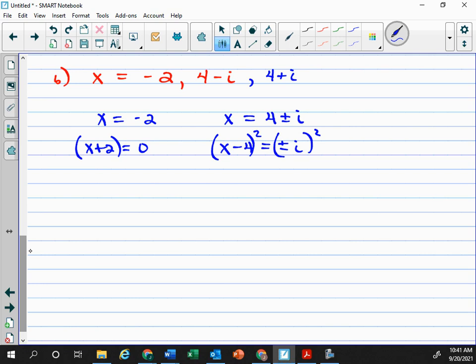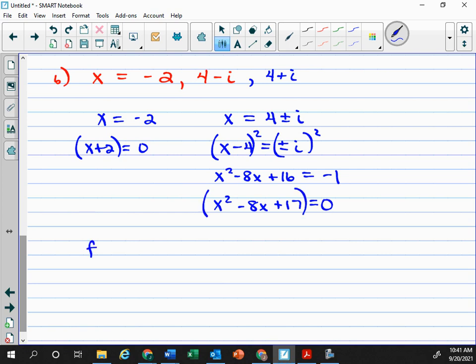Okay, so x minus 4, when I square that, what do I get? x squared minus 8x plus 16. Good. What do I really have on the right side? -1. -1, good. So my factor then would be x squared minus 8x plus 17. Okay, that's the whole thing.